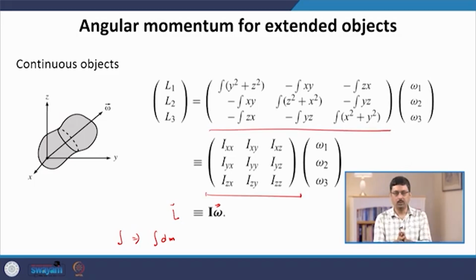Now we know what each component of this tensor means. The diagonal elements of this tensor represent the spread of the mass distribution about the axis. So, all the things that we learned about the moment of inertia tensor we can immediately apply here. We know that this is written in an arbitrary choice of reference frame.